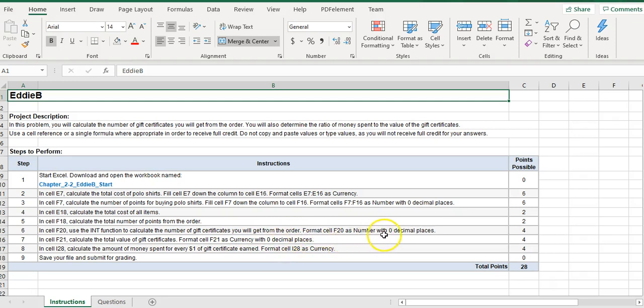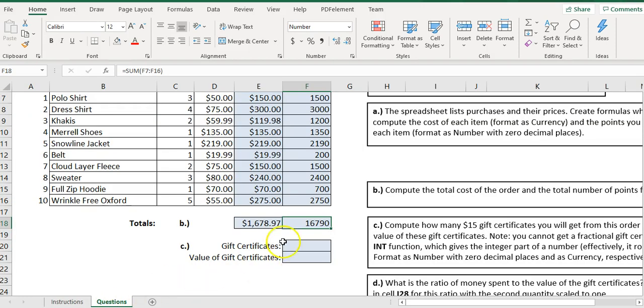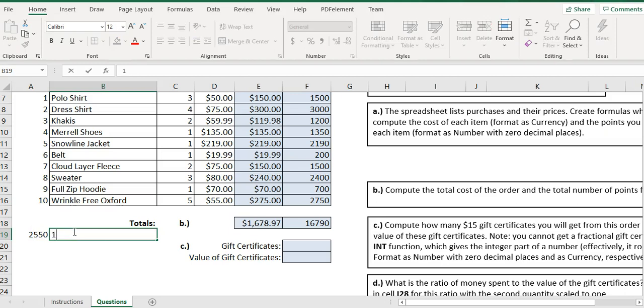Format cell F20 as a number with no decimal places. So let's look at this. 16,790 points. Let's make a little chart over here. 2550 points is going to give me 1 certificate.